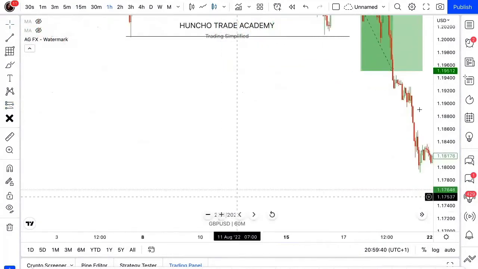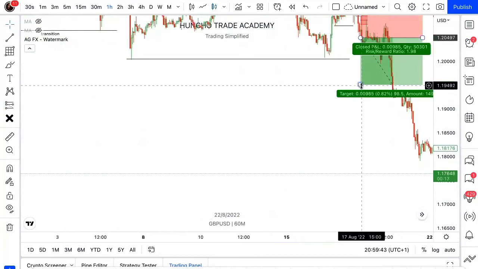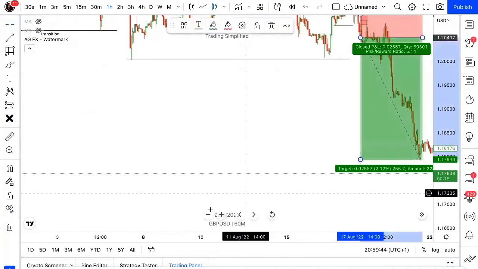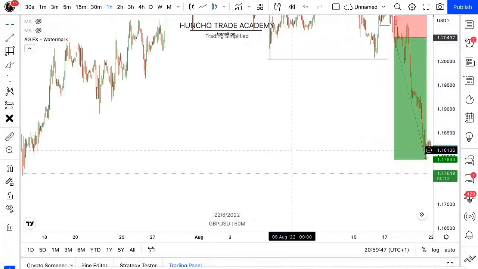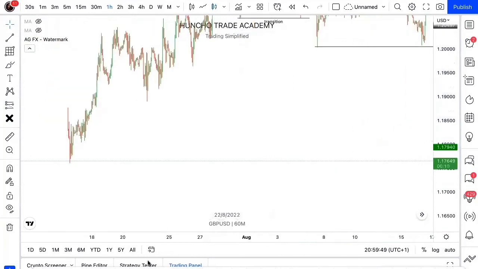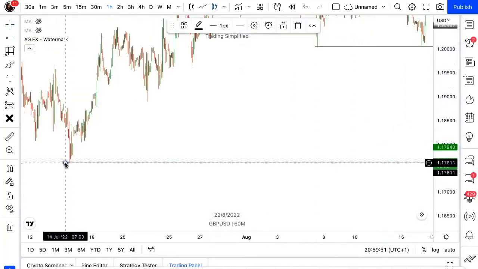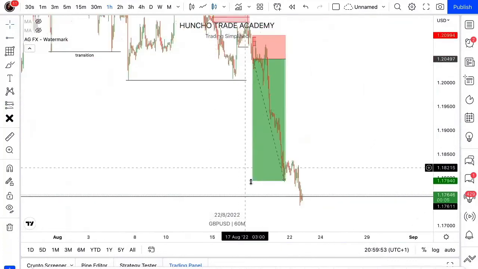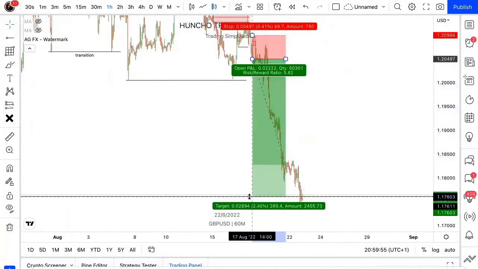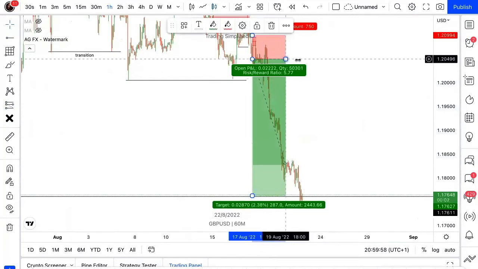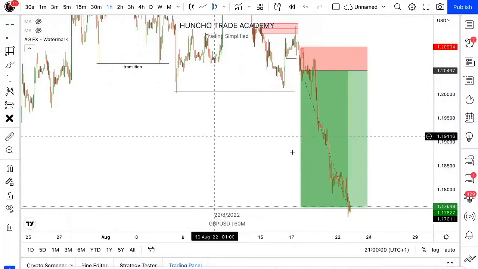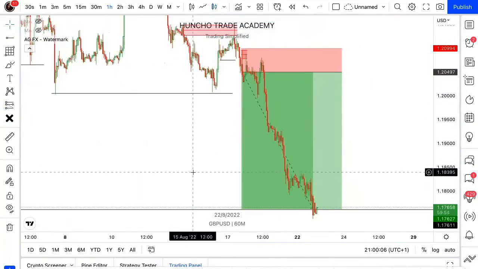Then my target was down below, same zone I target here. So that trade was actually offering a 1 to 5 risk to reward, but I was stopped out at break even.